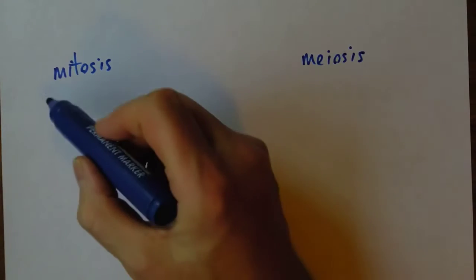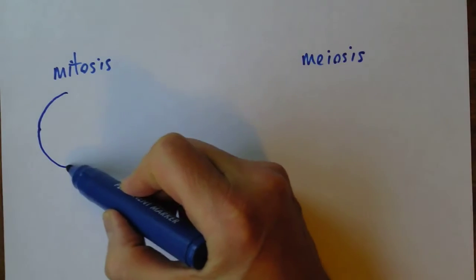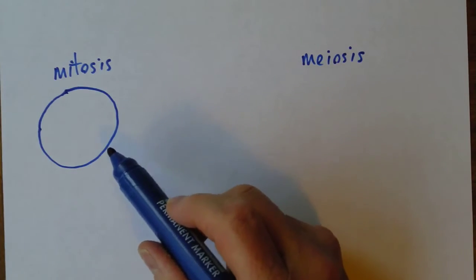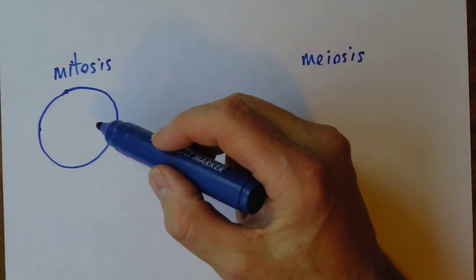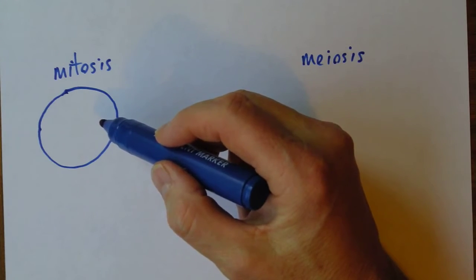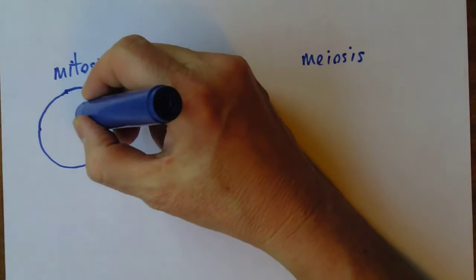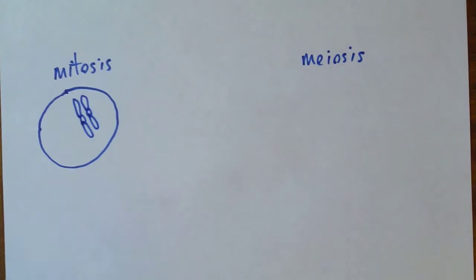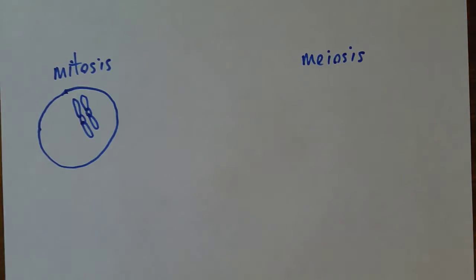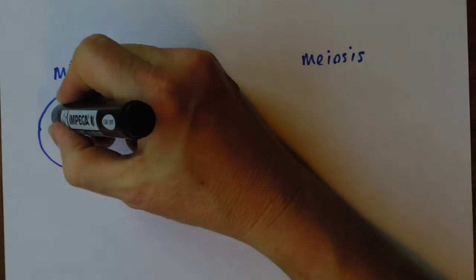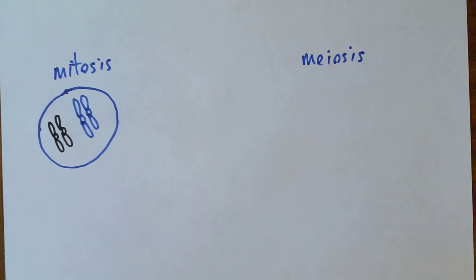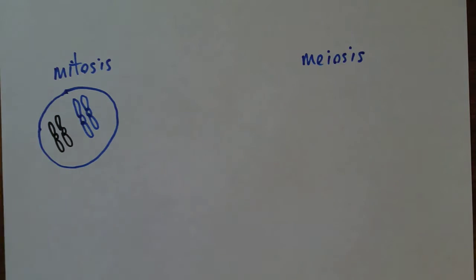Now in mitosis, we start off with a cell that contains 46 chromosomes. But as we've seen, these are not any 46 chromosomes, these are 23 pairs. So there's one pair, and we can draw another pair. We could draw more to make our 23 pairs, but it would get a bit cluttered.